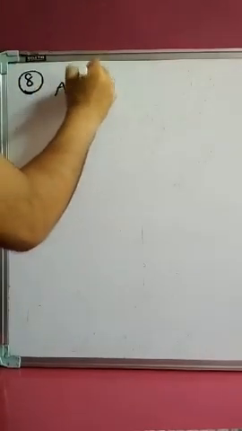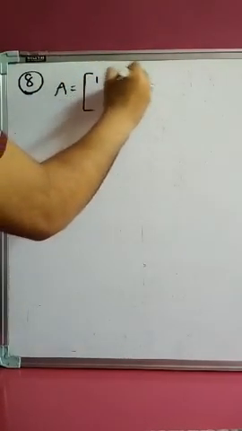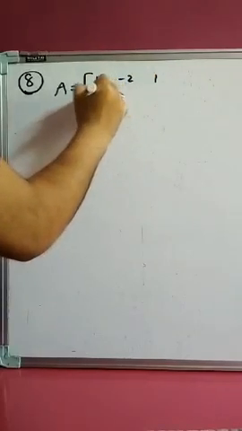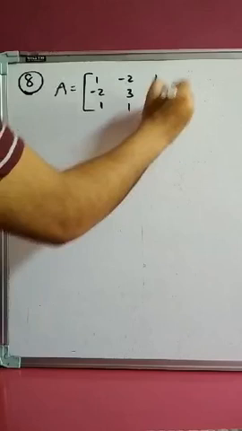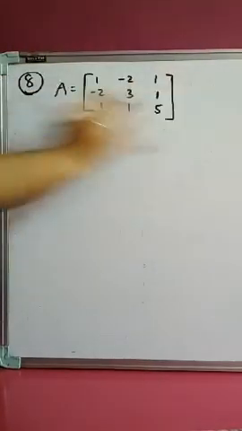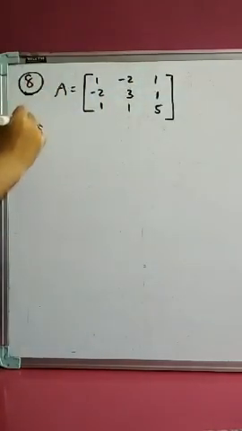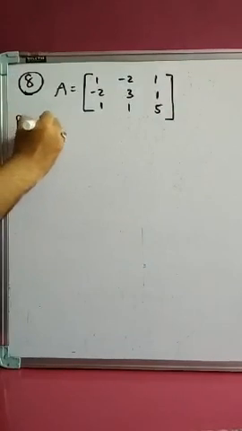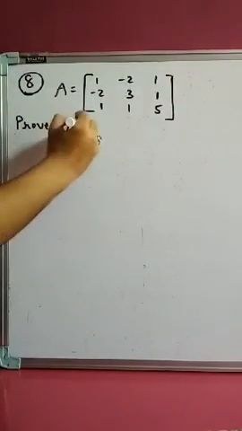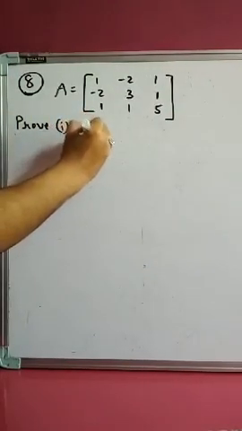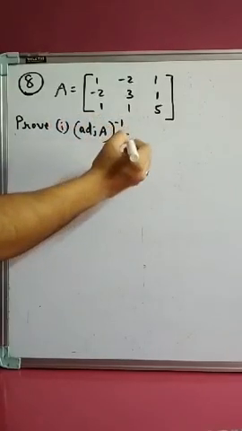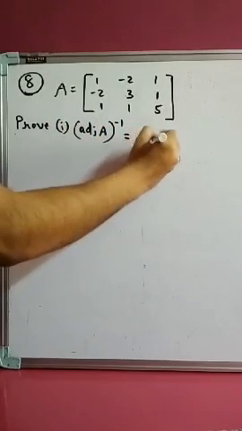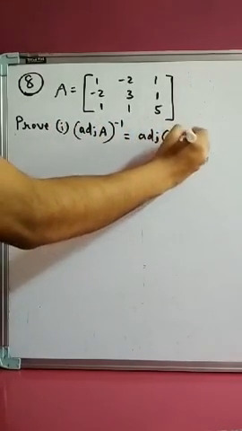Let us take matrix A given as 1 minus 2 1, minus 2 3 1, 1 1 5. Now we have to prove, first thing, that the adjoint of A inverse is equal to the inverse of adjoint of A.